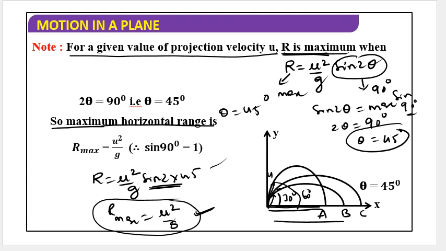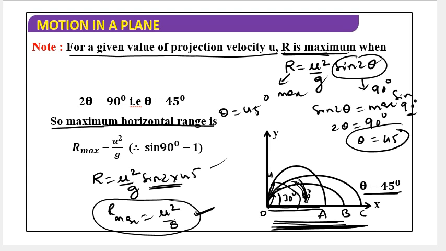Now the range is here, O to B. But if you throw the projectile at 45 degrees, see, the range is here, O to C. So at 45 degrees, the range is maximum. Okay dear.